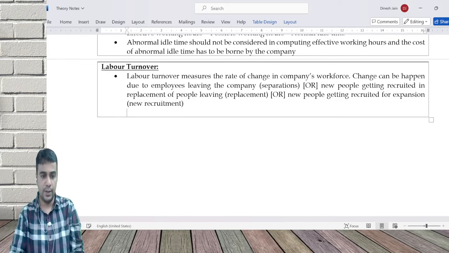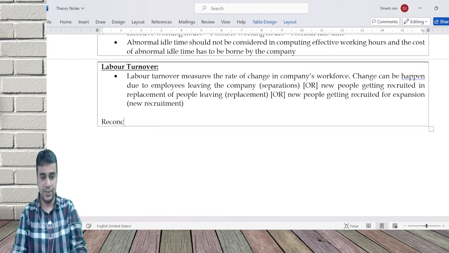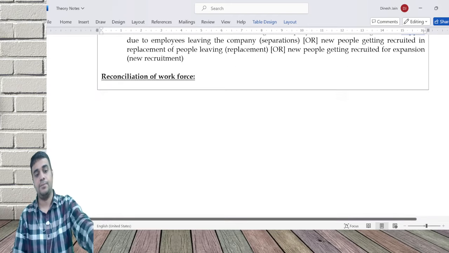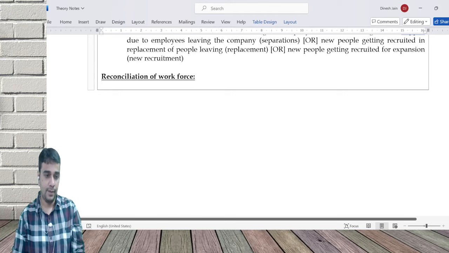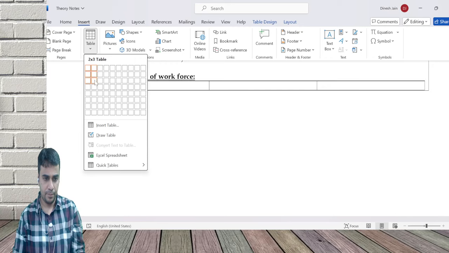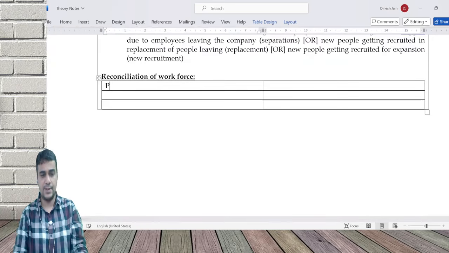Before doing that, next, reconciliation of workforce. Particulars and amount.